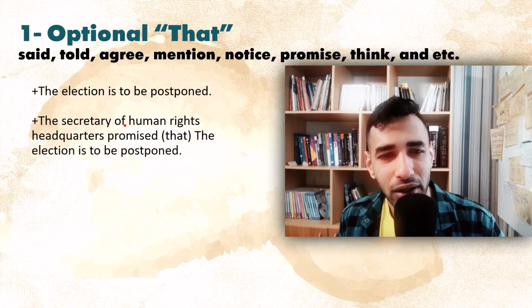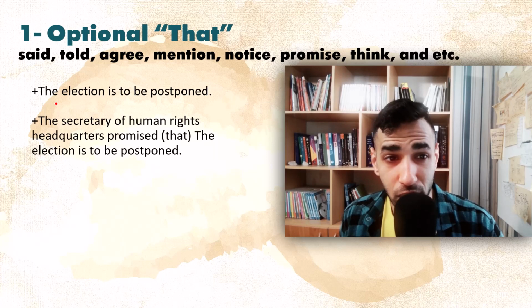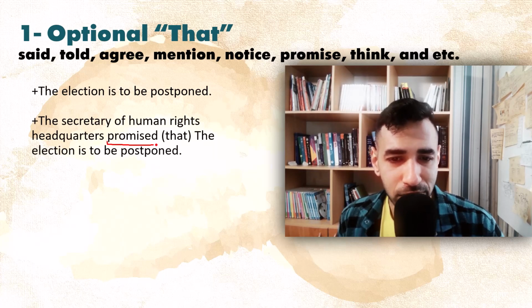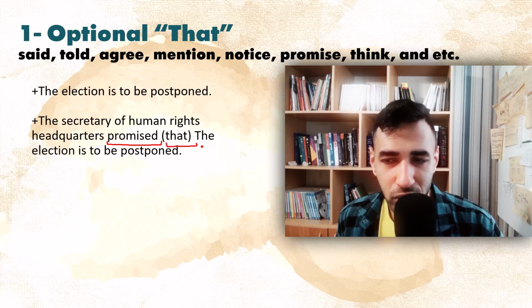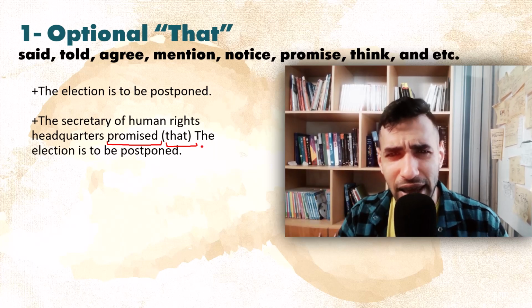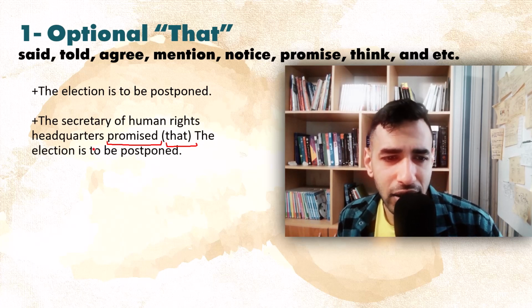Another example. The election is to be postponed. The Secretary of Human Rights headquarters promised. Now our verb is promised. Omittable that, the election is to be postponed. Postpone means delay, to put off. And headquarters is a center of operations. This is our subject, the Secretary of Human Rights headquarters.